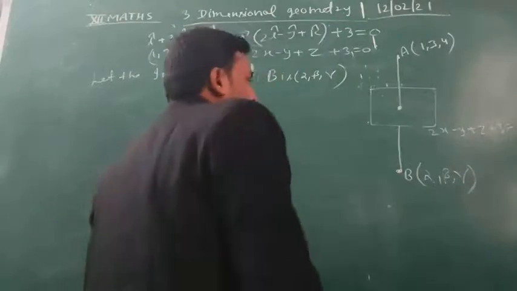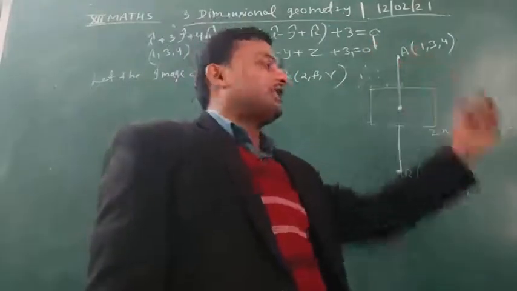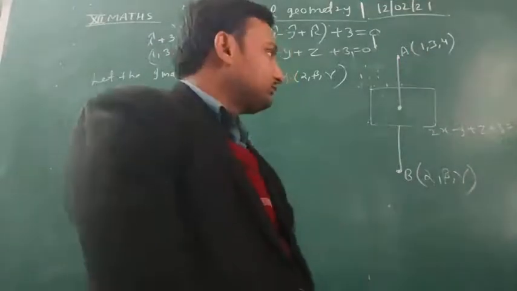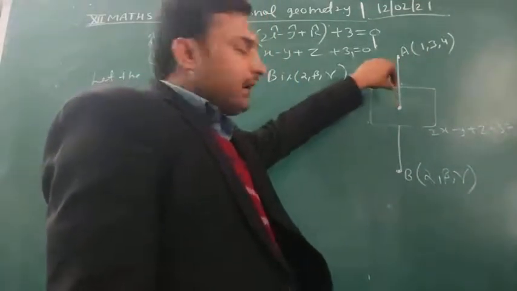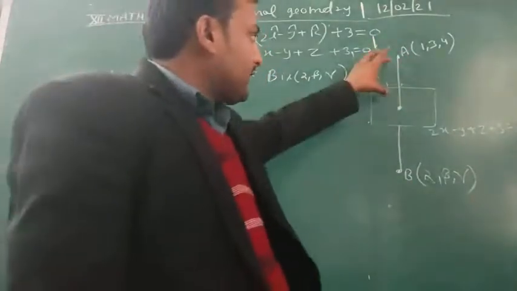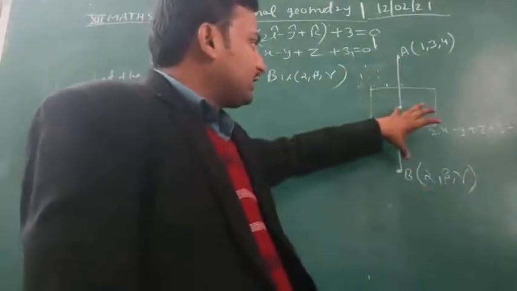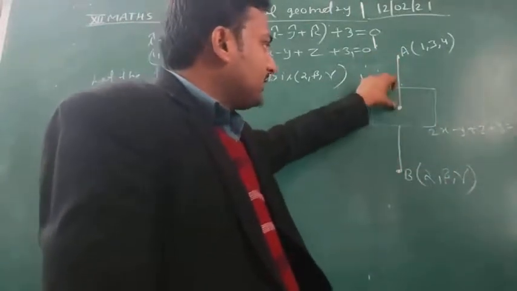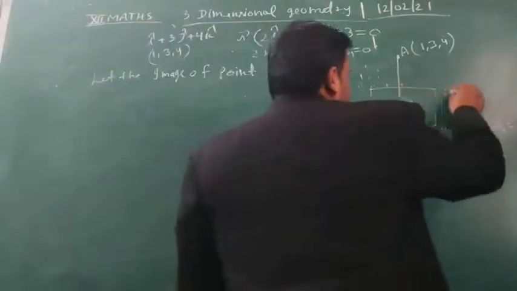Okay, students, and you know that the object and its image are at an equal distance from the intersection point of the line and the plane. So the distance from P to B and from P to A will be equal. So this will be the midpoint.